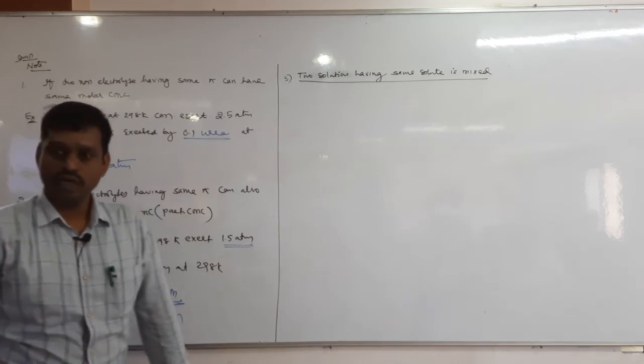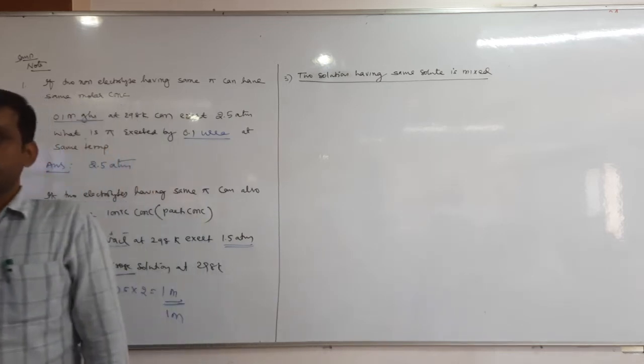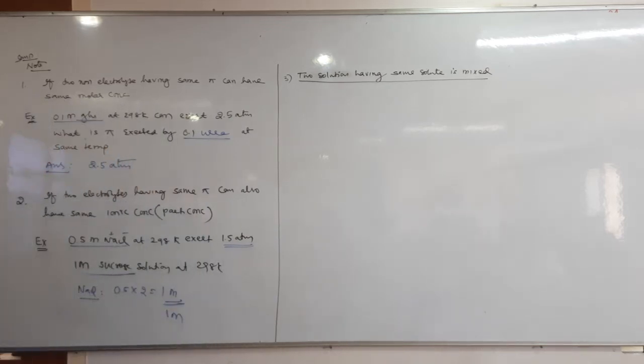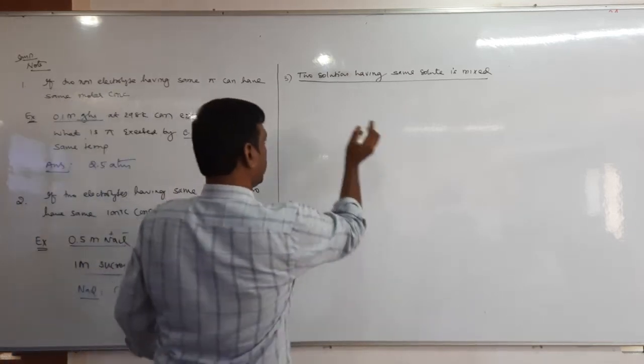Do you remember? In the calculation of molarity, when two solutions have the same solute, how do you calculate molarity? Molarity equals M1V1 plus M2V2 by V1 plus V2. Here also the same.